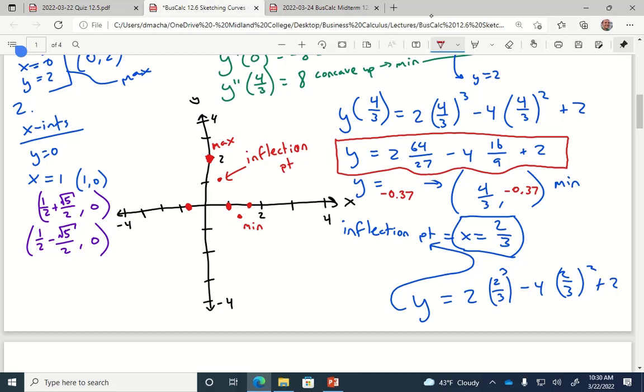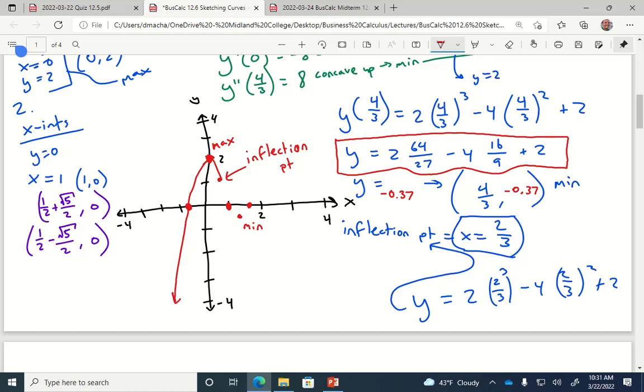So having plotted my x-intercepts, max, min, inflection point, I'm just going to connect the dots like that. Knowing that I have to remain concave down to the left of my only inflection point, and knowing that I can never cross the x-axis again because I plotted all of my x-intercepts already, I know that this has to just be forever decreasing. Then I hit this maximum, and since it's the maximum, I have to turn back around.